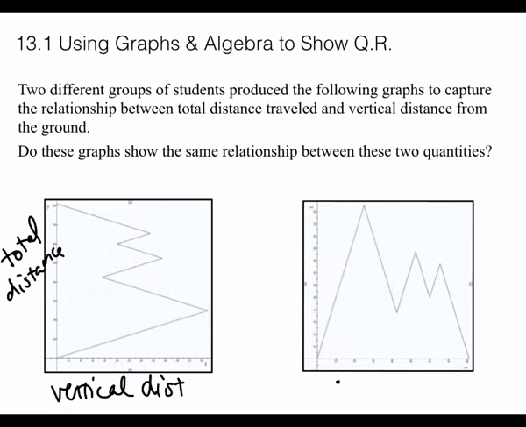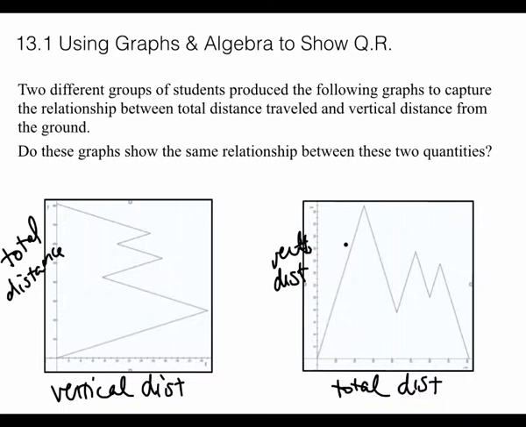And then over here, we've got total distance on the horizontal axis and vertical distance on the vertical axis. So the question again is, do these graphs both represent the same relationship between vertical distance and total distance? They do, right? This is a reminder that there is not necessarily a unique way to use graphs, but no matter which way you do it, they should represent the same pieces of information.